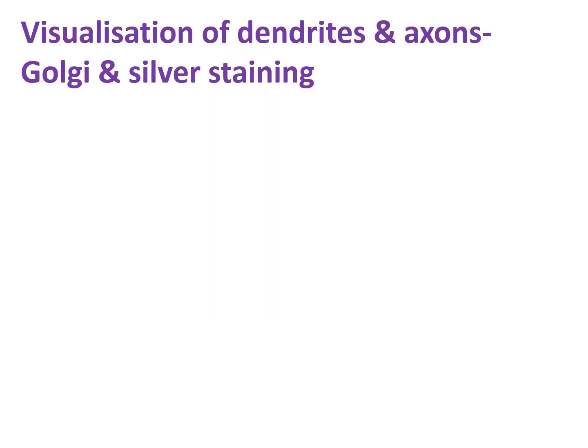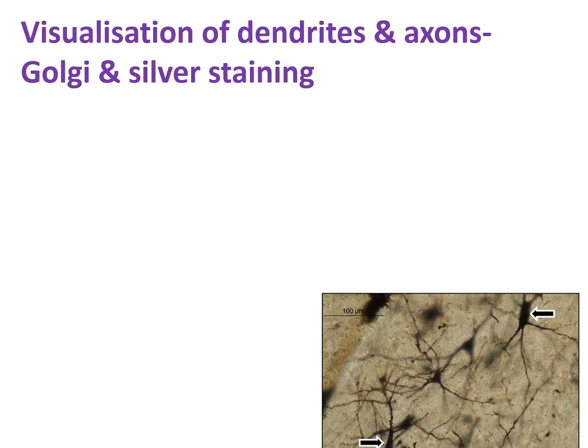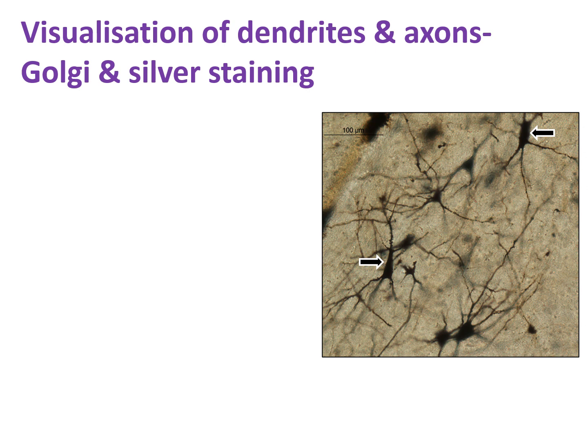The visualization of the dendrites and axons is done by some special stains. These are called Golgi stain and the silver staining. In this staining, the silver nitrate is deposited on the fibers, either the dendrites or the axons.